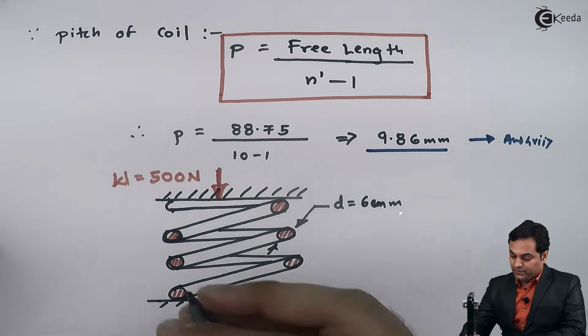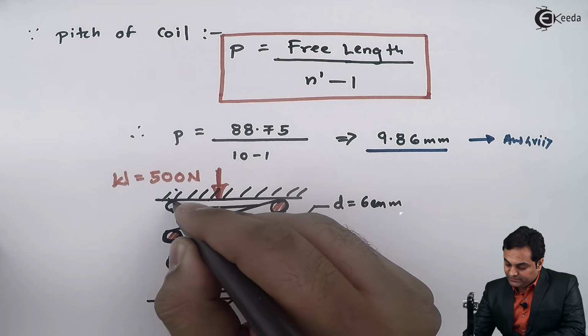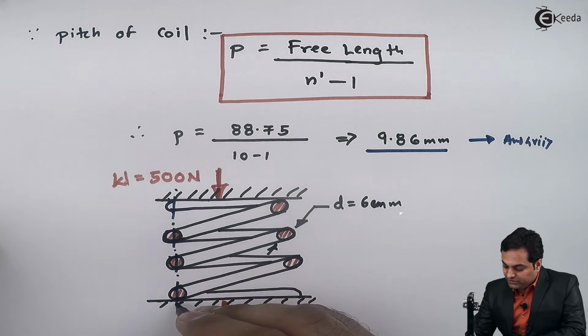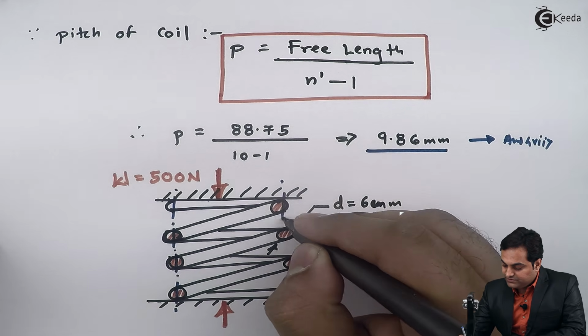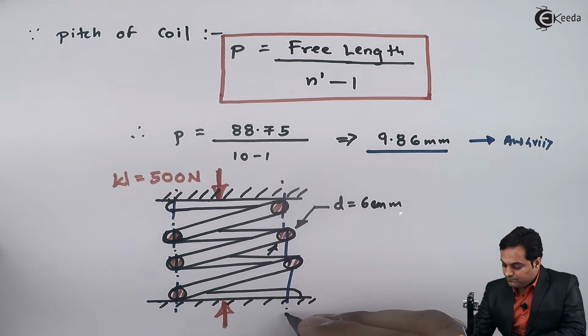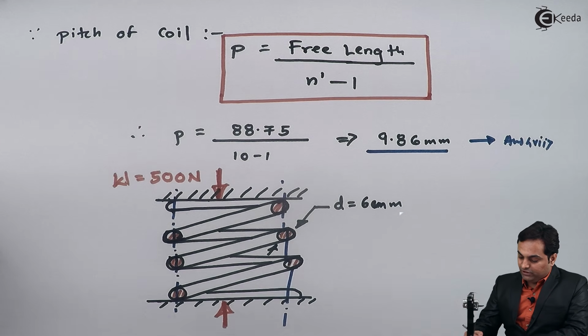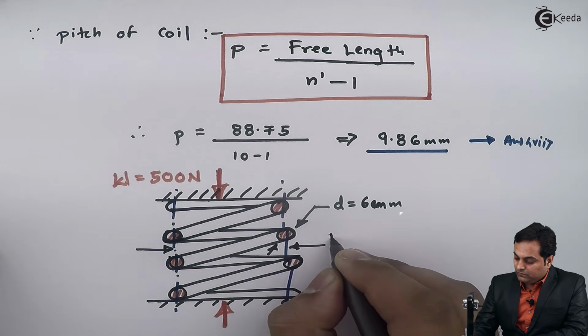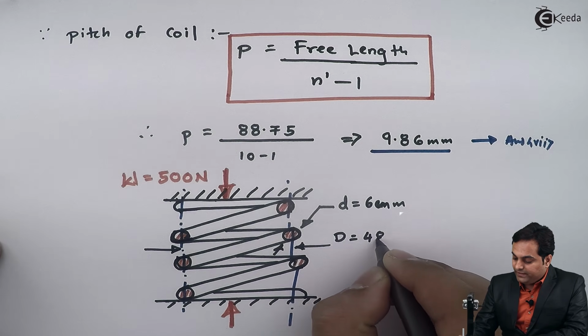Then the mean coil diameter, that is the line which passes through the center of this wire on both sides, was 48 mm.